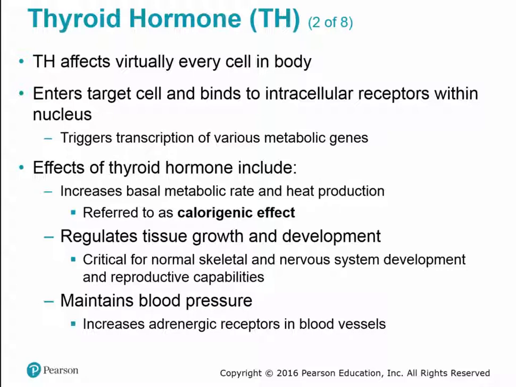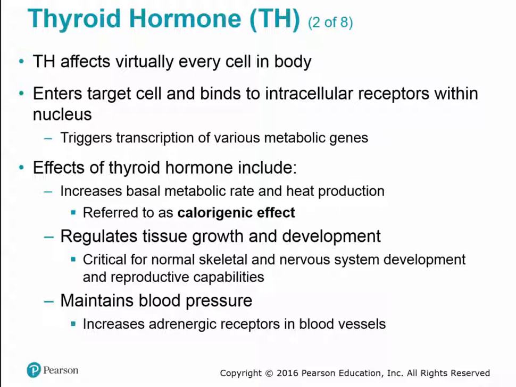Thyroid hormone is lipid soluble, meaning that it's able to enter the target cell, so it's able to pass through that plasma membrane, that phospholipid bilayer, and bind directly to intracellular receptors within the nucleus. So we go back to that direct gene activation mechanism of action. It's able to trigger transcription of various genes, meaning it's able to directly turn on those genes to have those functions or those proteins.